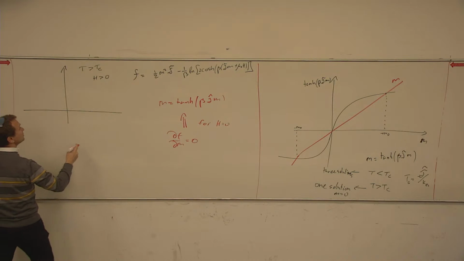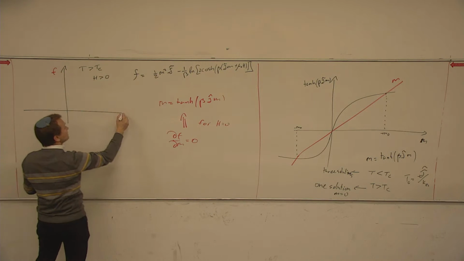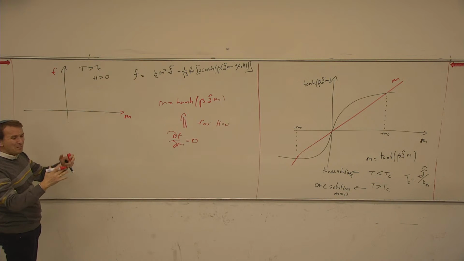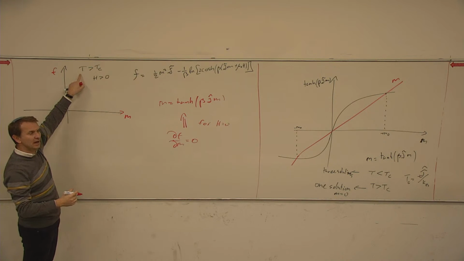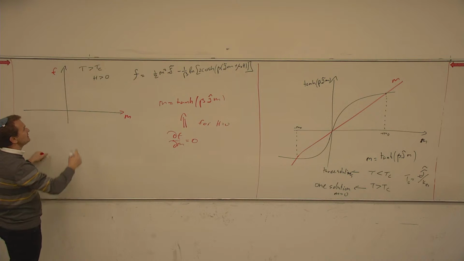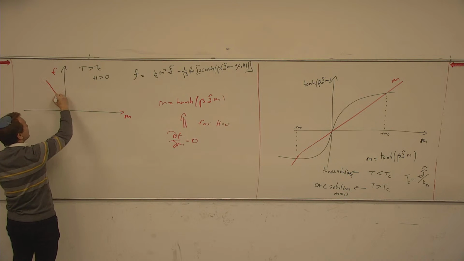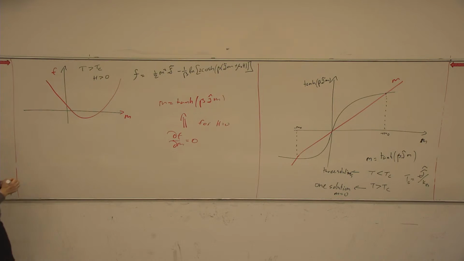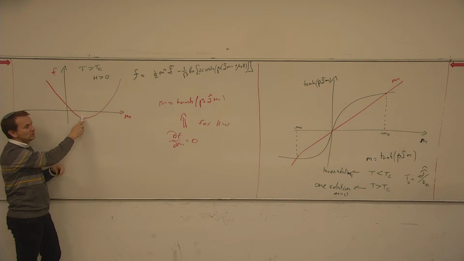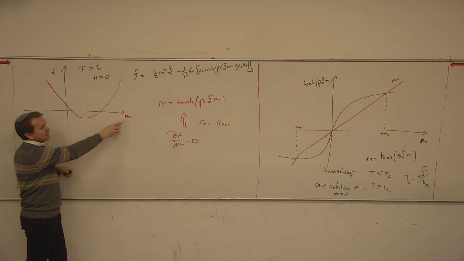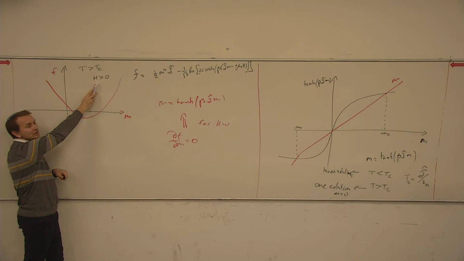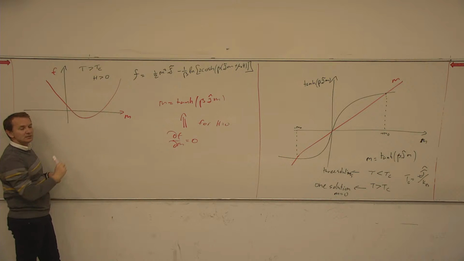So if we take this and plot it, this is F as a function of M. If the temperature is high enough, it looks basically like a parabola. We see we have a small non-zero minimum, a non-zero magnetic M, which occurs due to the fact that we have a positive external field.